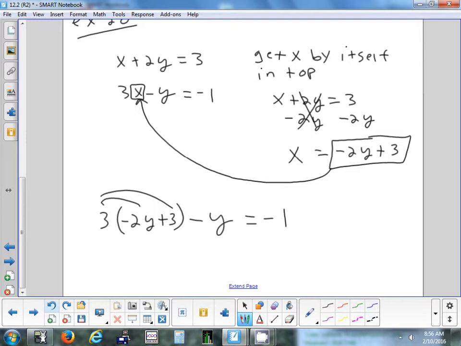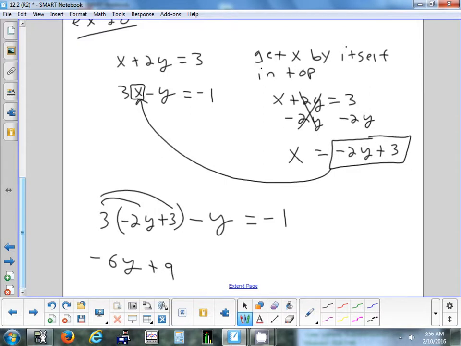Okay. This property is called what that I'm about to do? Distribute. I'm going to do 3 times negative 2. That's negative 6 with a y. I'm going to do 3 times 3, and that'll give me 9.